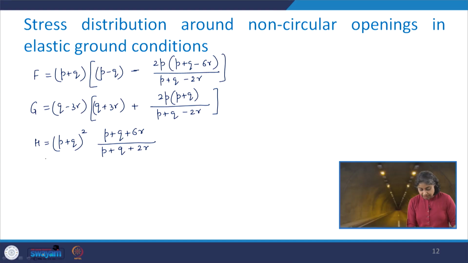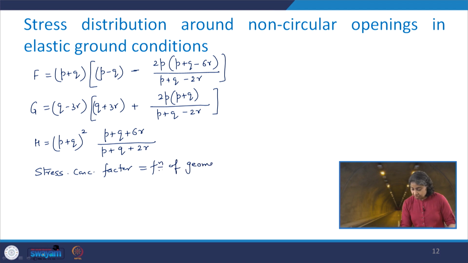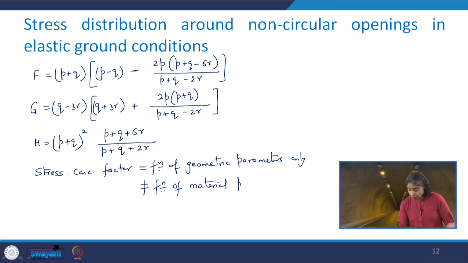So, basically here the stress concentration factor is a function of geometric parameters only, and it is not a function of material properties.